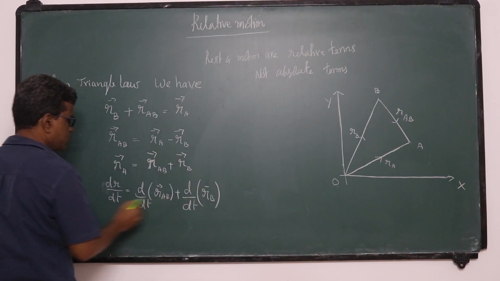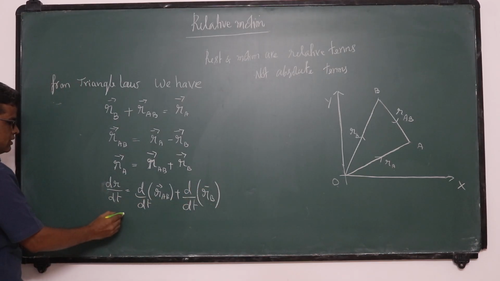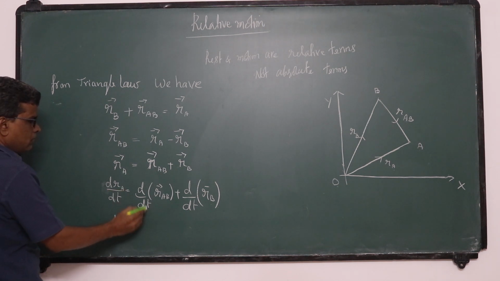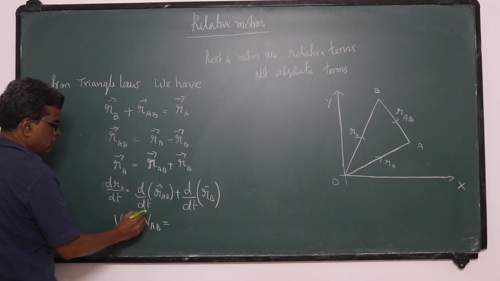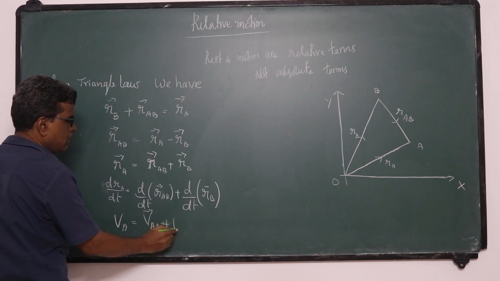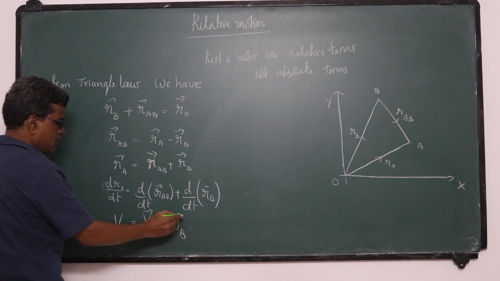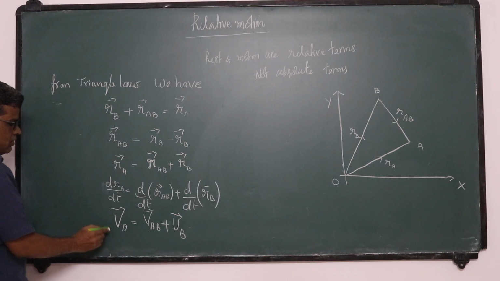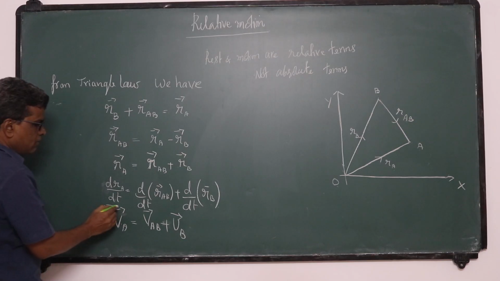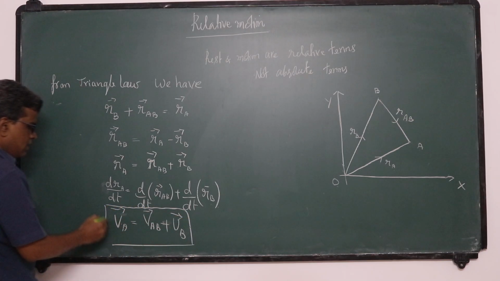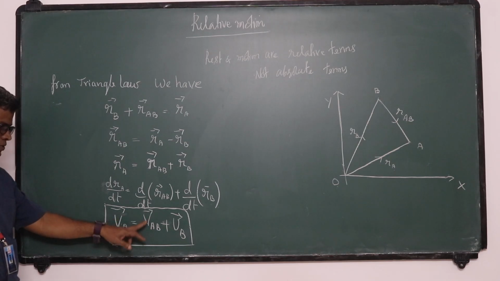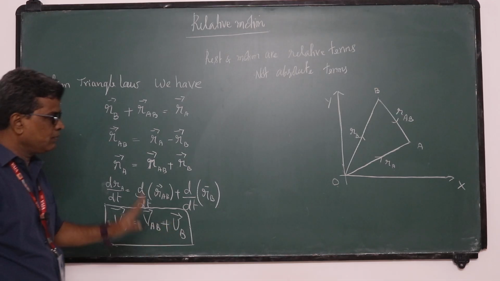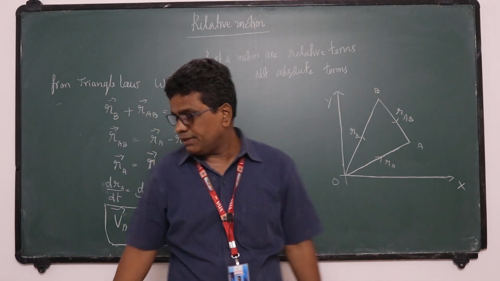So you differentiate with respect to time, you will get velocities. So velocity of A is equal to velocity of A with respect to B plus velocity of B. So this is very important equation. So finally what we arrived, velocity of A is equal to velocity of A with respect to B plus velocity of B. Keep this one, very important equation.